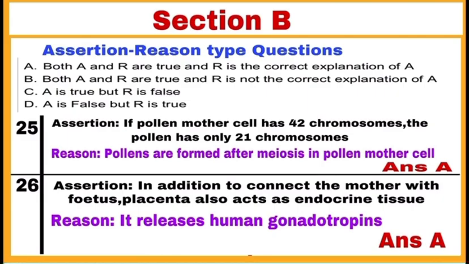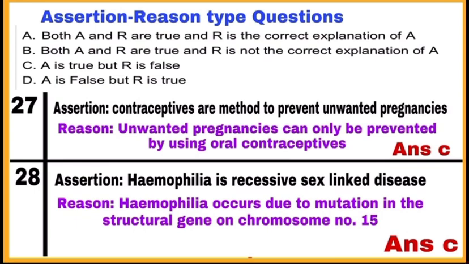So here also mark A as the correct answer. Question 27. Assertion statement. Contraceptives are methods to prevent unwanted pregnancies. This is a true statement. Now, see the reason. Unwanted pregnancies can only be prevented by using oral contraceptive pills. This is a false statement. There are many other methods also to prevent unwanted pregnancies. So here mark C as the correct answer. A is true but R is false.